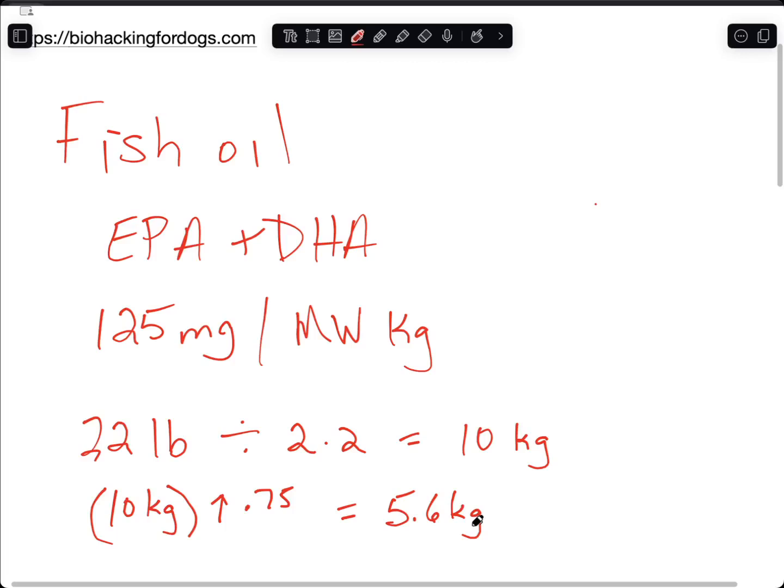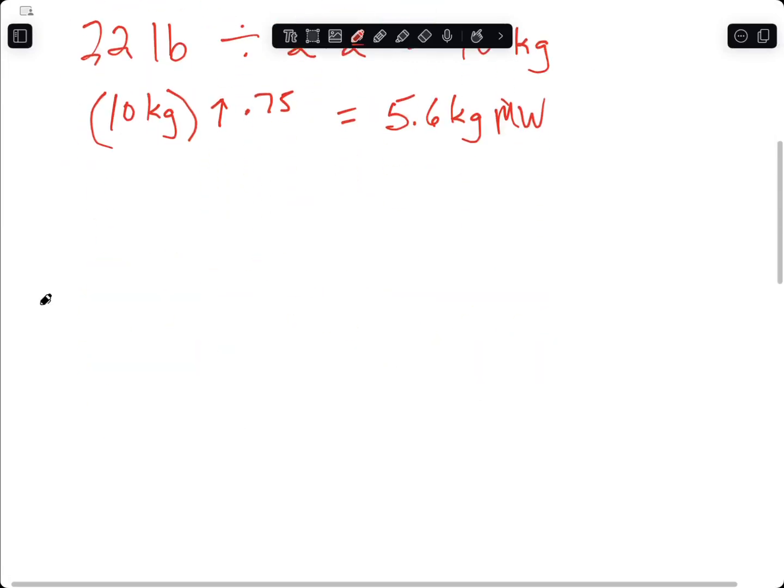such as fish oil. So the formula again is you take the pounds divided by 2.2, and that changes it to kilograms. You take the kilograms then and you increase that to the 3/4 power, and you end up with your metabolic weight, kilograms of metabolic weight. All right. So then you take that number and you multiply it by 125.